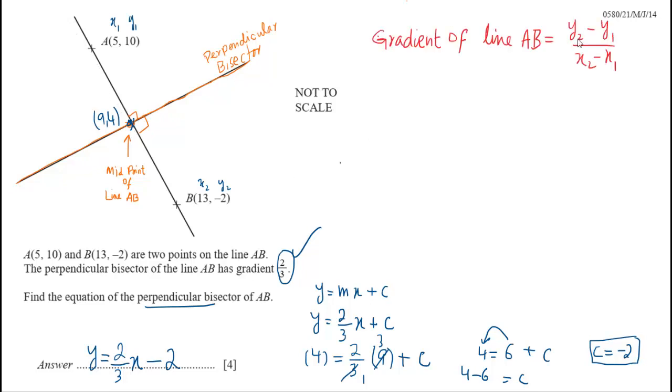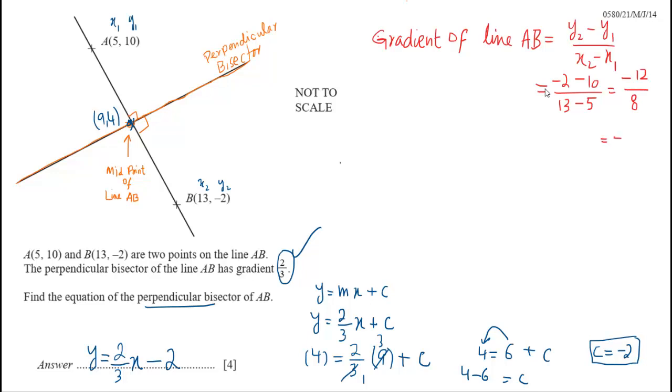We use the formula of gradient: y2, which is minus 2, minus y1, which is 10, over x2, which is 13, minus 5. So it is minus 12 over 8.